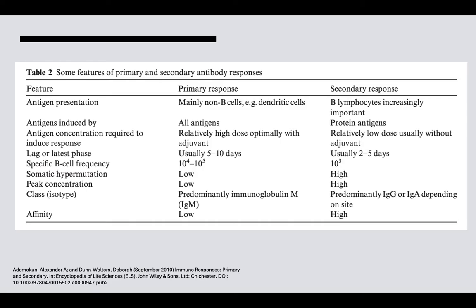And the affinity of antibodies and cells, if we compare the two waves, in primary response, lower affinity of the cells and the antibodies, while for secondary response, as I've been repeating myself multiple times, very high yung affinity ng immune effectors, both cells and antibodies during the secondary response.